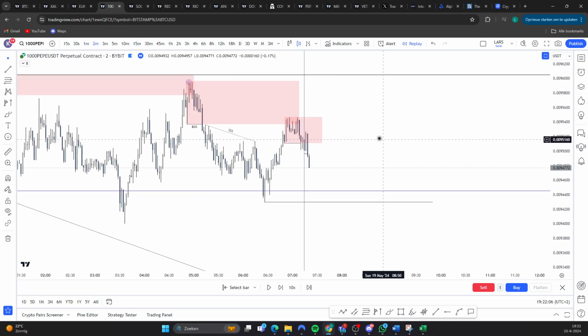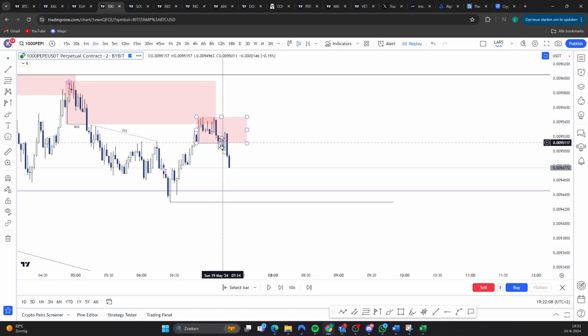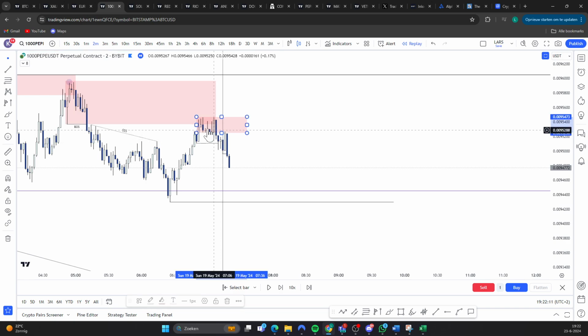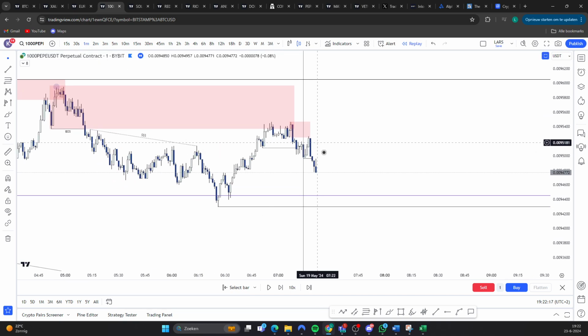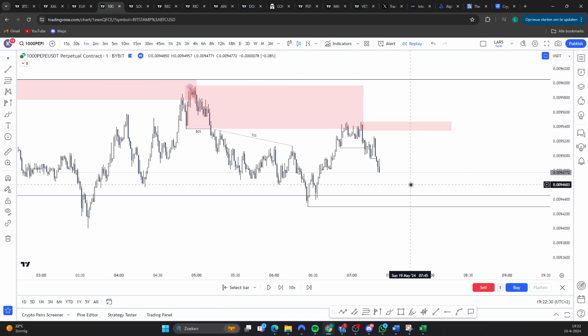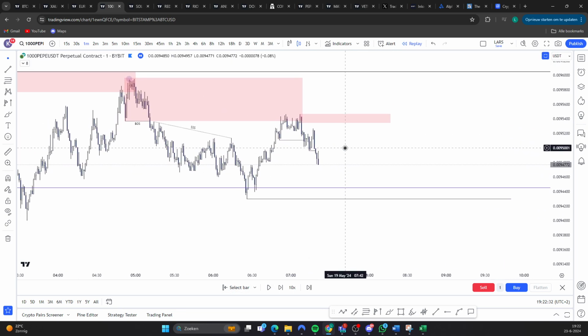We do have to check. Look at that. We came back for the more refined 2-minute order block. We do have a 1 minute there, but I don't want to see it come there. So I am going to trail.